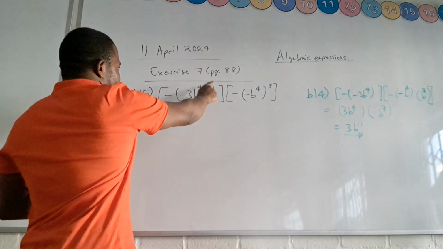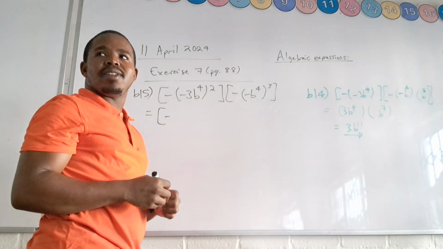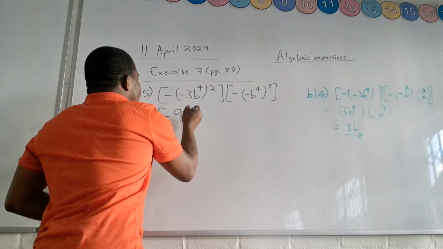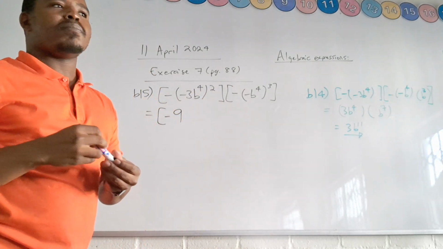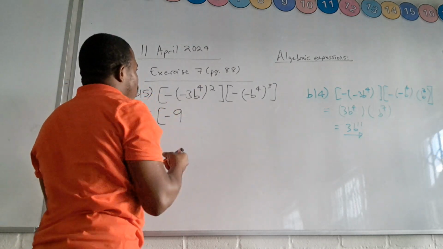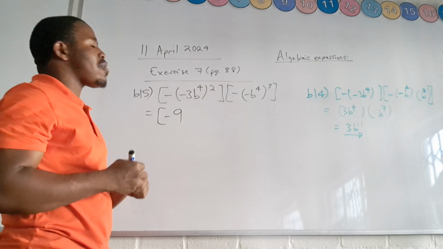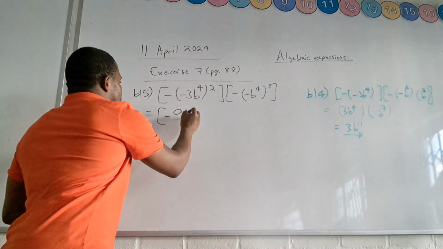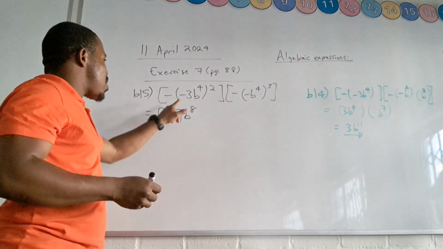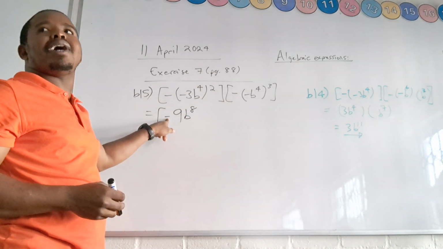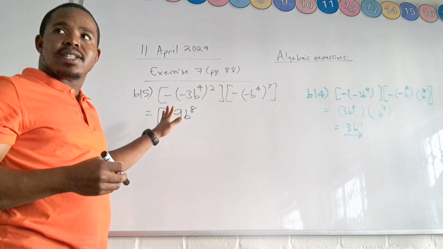Negative 3 squared is 9. B to the power of 4, then square that, is b to the power of 8, because when you raise an exponent to another power, you must multiply. So b to the power of 4 times 2 becomes b to the power of 8. Then the whole thing is positive, and it becomes multiplied by a negative, so the whole thing becomes negative.